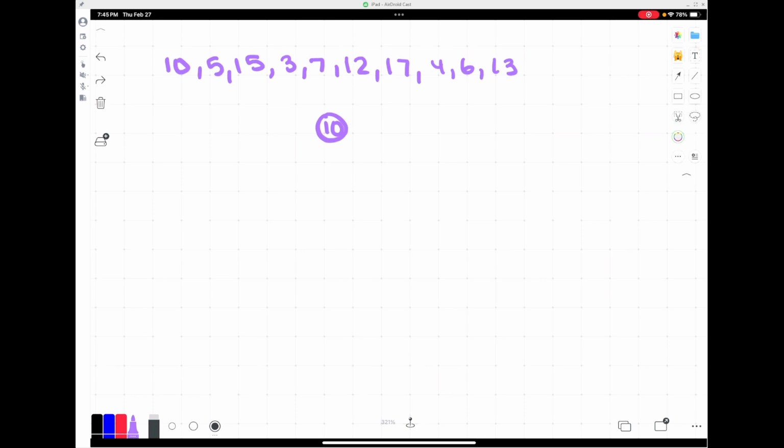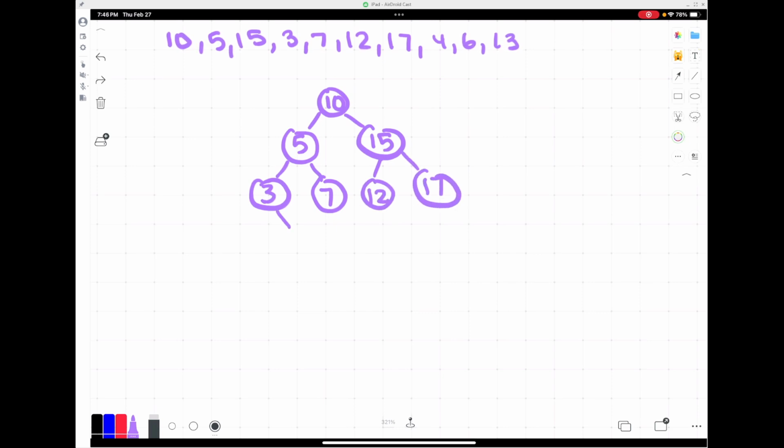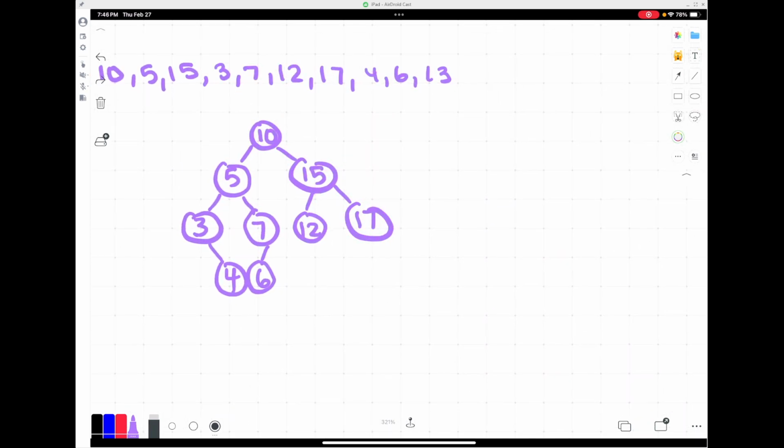So we'll look at 5, 5 is less than 10. Then we'll look at 15, 15 is greater than 10. Then we'll look at 3, 3 is less than 5, 7 is greater than 5. Then 12 is less than 15, 17 is greater than 15, 4 is greater than 3, 6 is less than 7, and 13 is greater than 12.